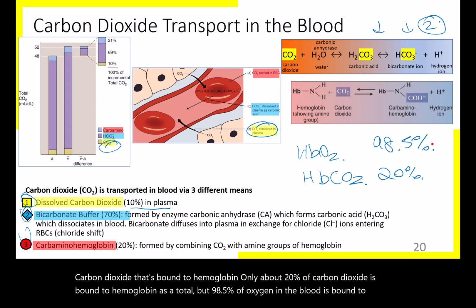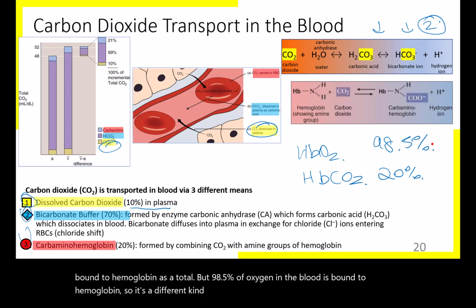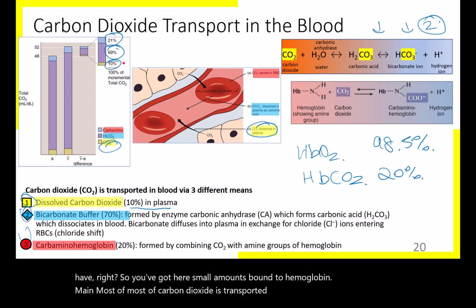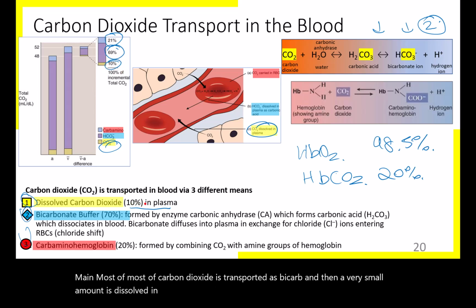So it's a different kind of relationship with hemoglobin that the two gases have. You've got a small amount bound to hemoglobin here. Most carbon dioxide is transported as bicarb, and a small amount is dissolved in plasma: 10% of carbon dioxide is transported dissolved in plasma compared to 1.5% of oxygen.